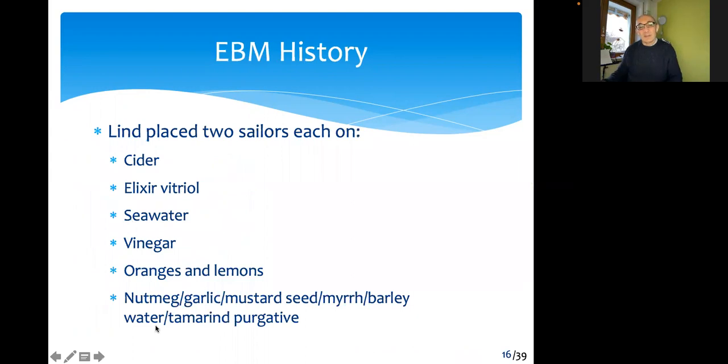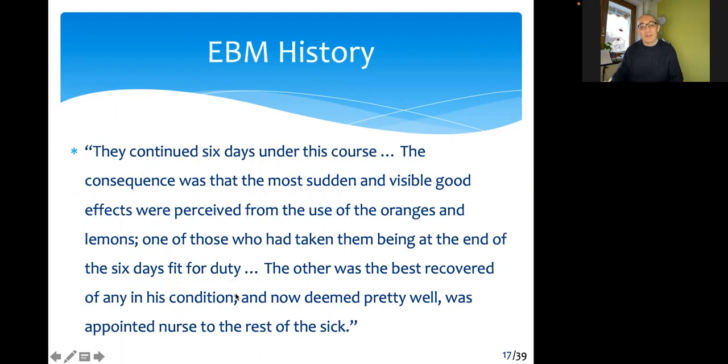And what he did, he placed 2 sailors each on a different diet. One group received cider, and you may find it funny which kinds of groups he established. The other ones received elixir vitriol, sea water, vinegar, oranges and lemons, nutmeg, garlic, etc. So 6 different groups of people he established.